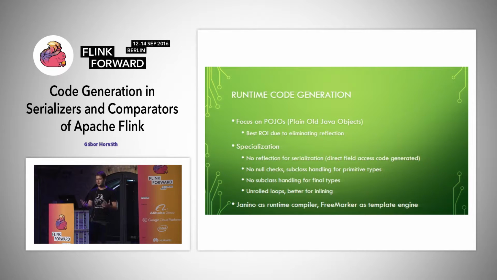Using the type information that the Flink type system provides us with, we can generate very specialized code that does not have reflection, that does not have redundant null checks or subclass handling for primitive types, that does not have subclass handling for final types, and that can unroll loops.